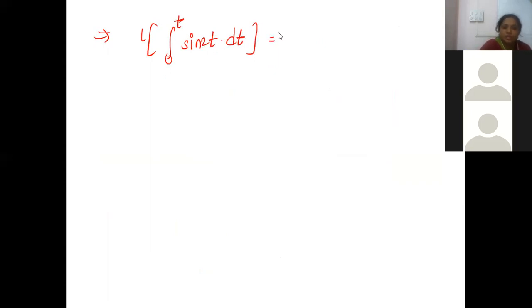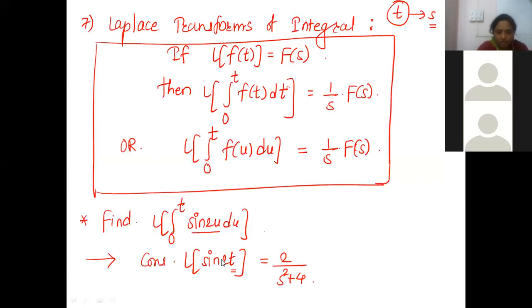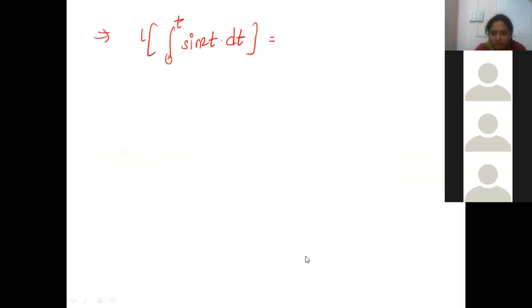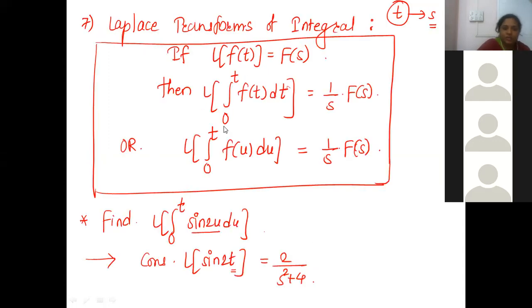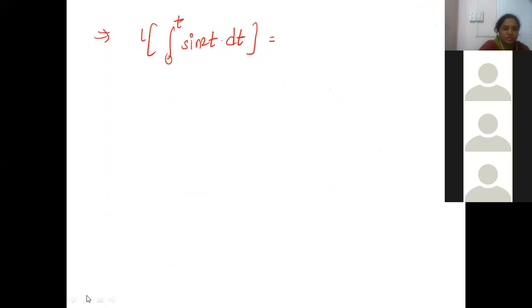If you take integration from 0 to t on this side, what will be the change on the other side? Divide by s. Correct. So if you are taking the integration on this side, the opposite side is divided by s. So it is 1 by s into your answer, 2 upon s square plus 4.